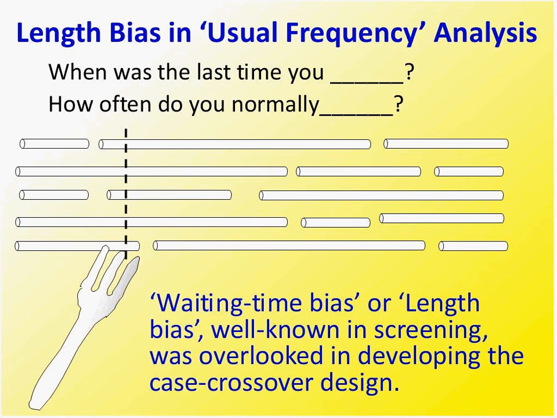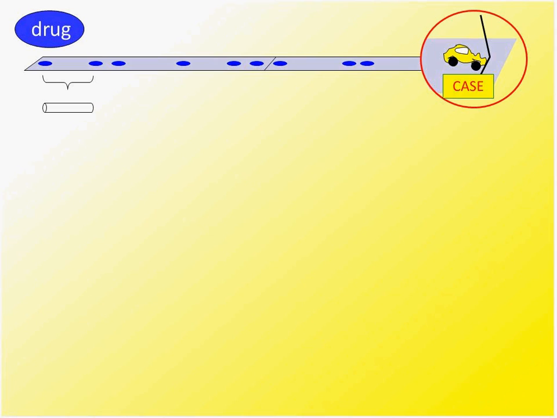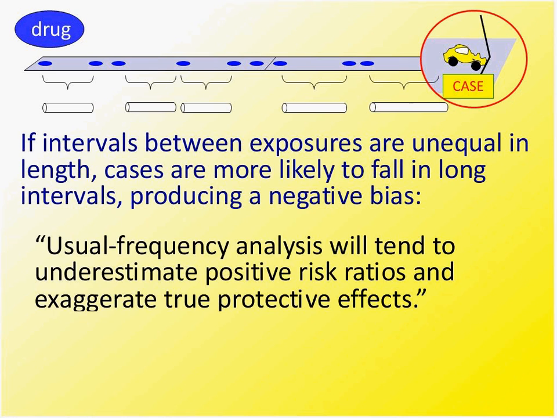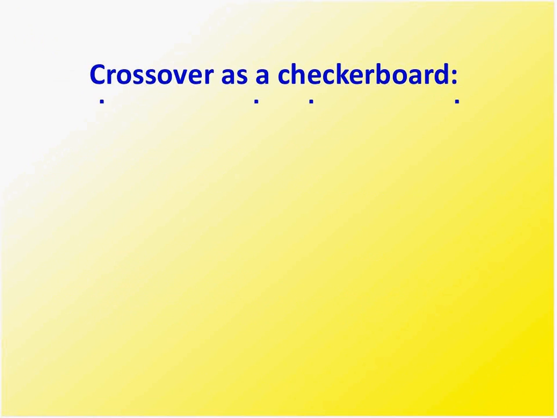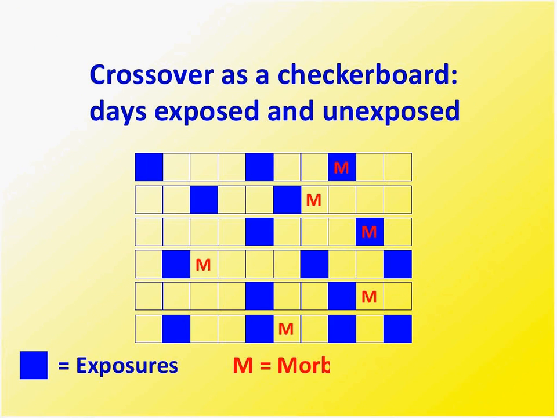I like to use a fork and spaghetti model analogy because we all had the experience of pulling longer noodles out first and being stuck with the short ones at the end of dinner. These authors pointed out that there's a slight negative bias from the usual frequency analysis, or a potential bias from this length bias selection, but it doesn't apply to matched analyses.